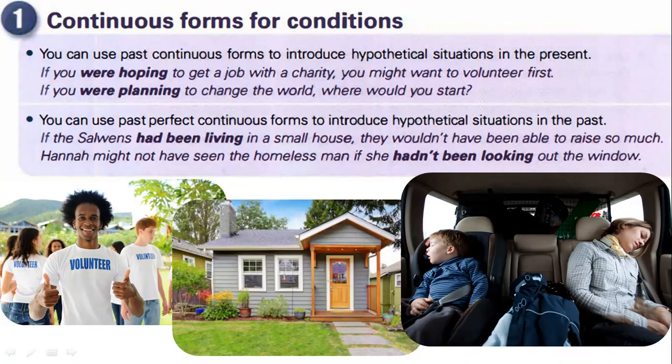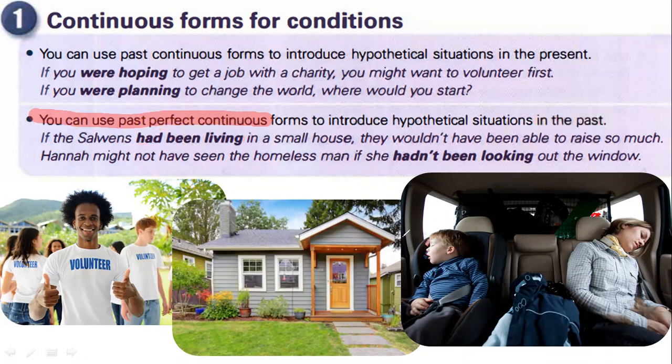On the next slide, you can use past perfect continuous forms to introduce hypothetical situations in the past. And the example gives us, if the Solwents had been living, this is a hypothetical situation in the past using the past perfect.